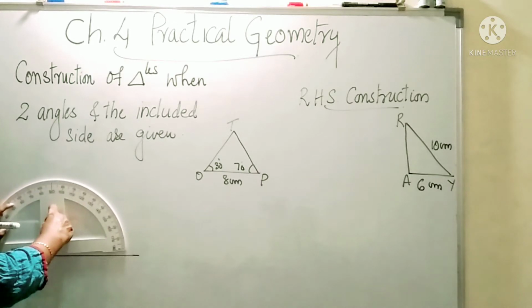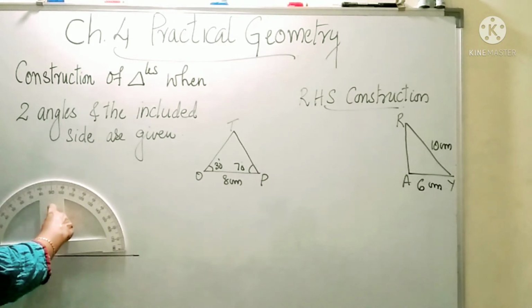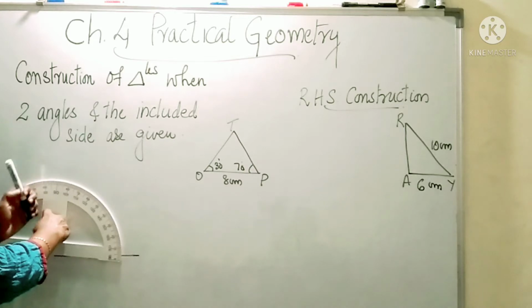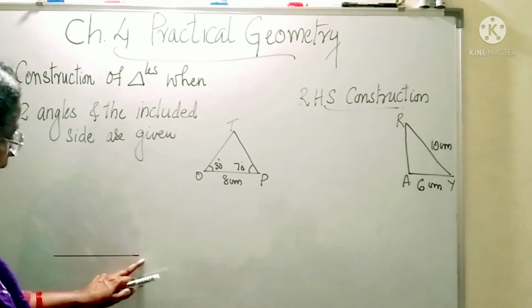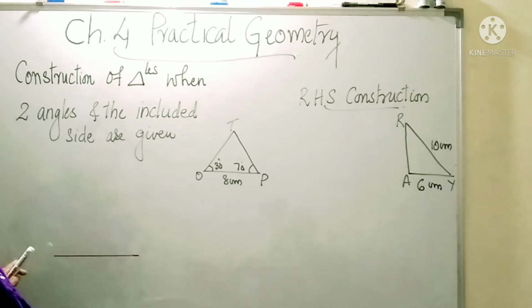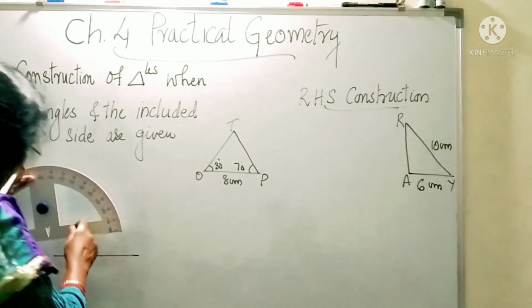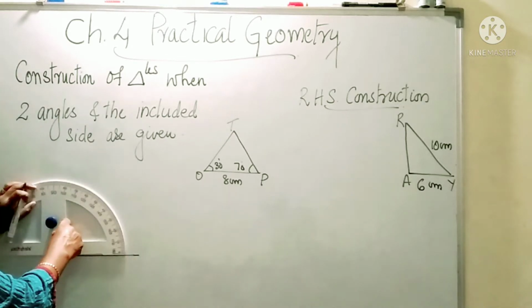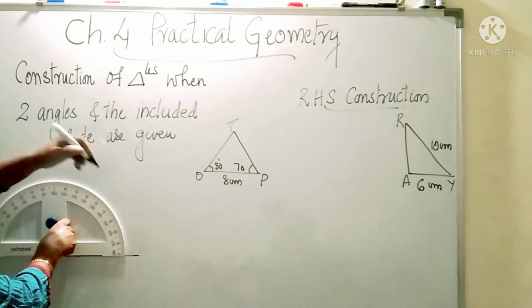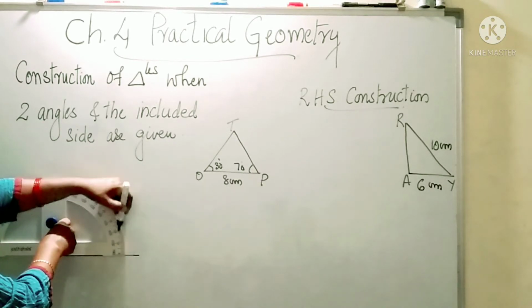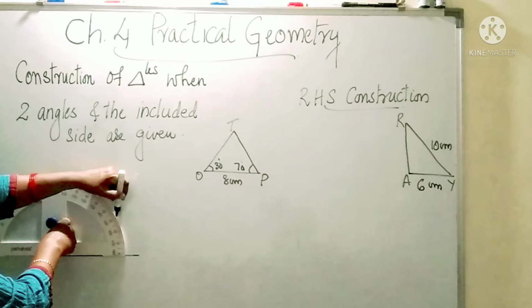Now when you have to draw an angle from here, keep the pointer there and count from here. When you have to make an angle here, keep the pointer here and count from the opposite side. So let us keep here first and count 30 degree. 0, 10, 20, 30.